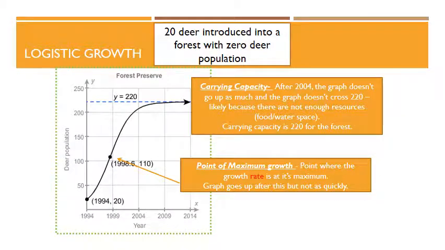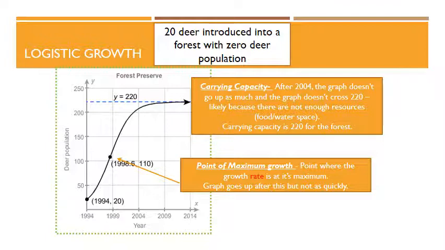All right, so here's an example. 20 deer were introduced into the forest with 0 deer population. Okay, so this makes sense, right? You're going to have a carrying capacity. That means the graph does not cross 220. That's how many deer you can have in that particular spot, because that's all that the forest could hold at that time.